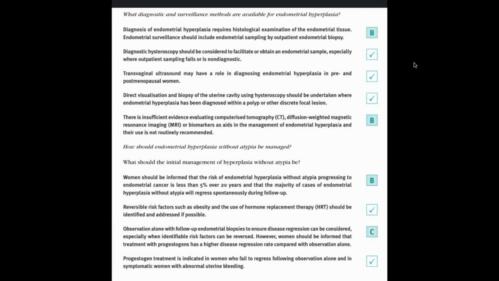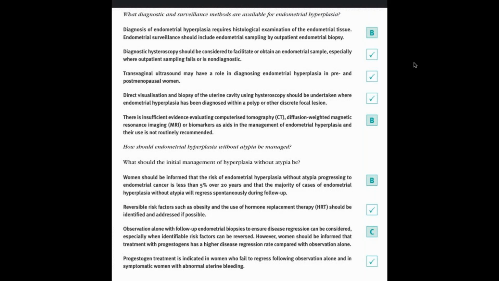So when you come to the options, you tell her, in terms of managing you, we do have a couple of options, okay? We can either observe and follow you up and then take regular samples, or biopsy samples, from the lining of the womb and see if it would regress and we have normal results.